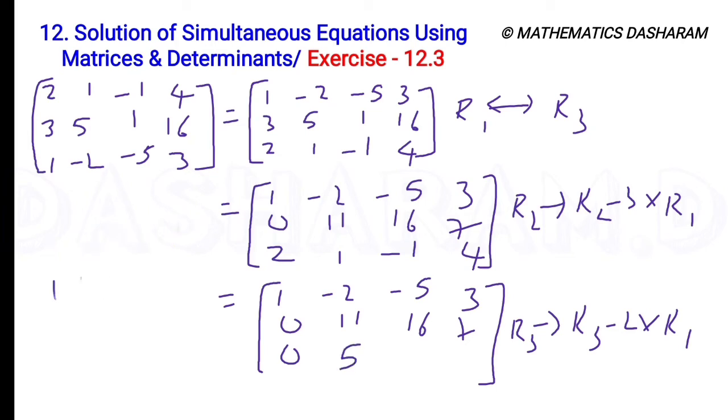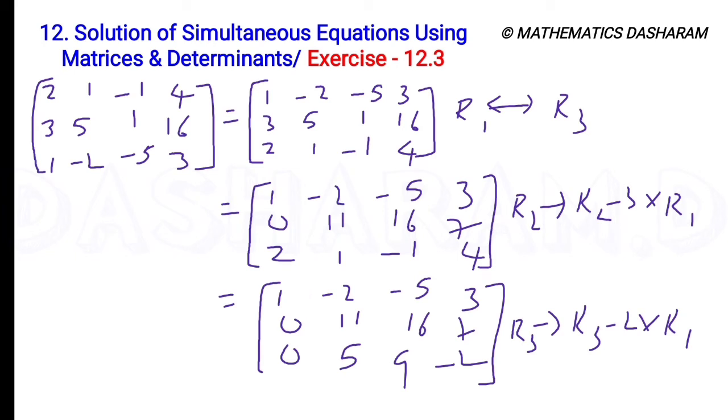Next, minus 1 minus 2 into minus 5: minus 1 plus 10 equals 9. Next, 4 minus 2 into 3: 4 minus 6 equals minus 2. So the first column is completed: 1, 0, 0.